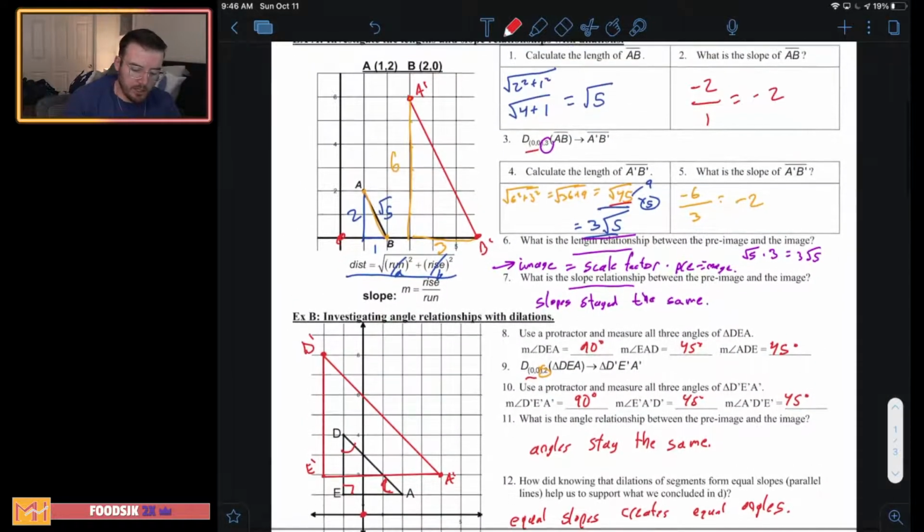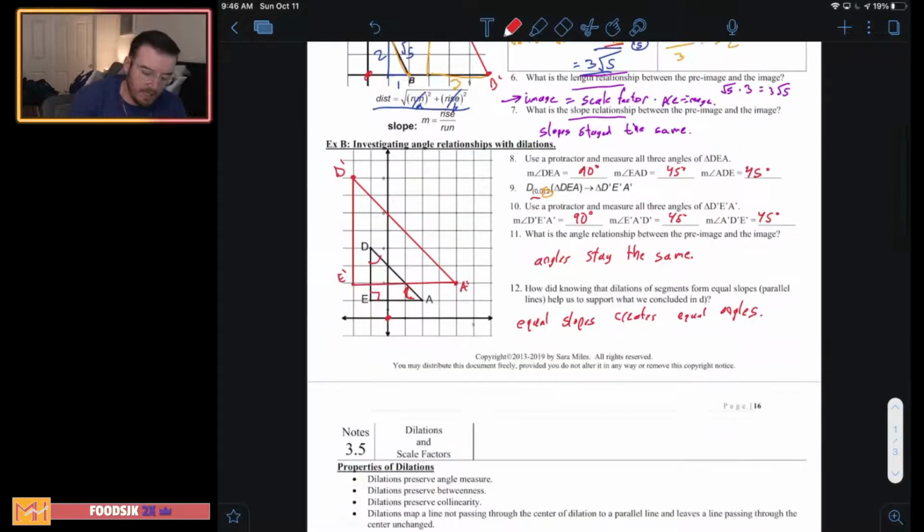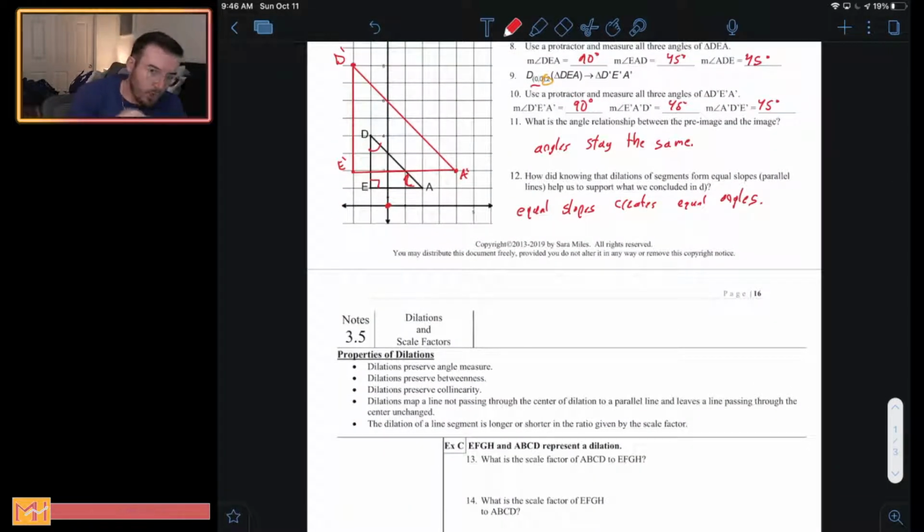So, in a nutshell here on this page, what should we know? Dilations change distance, they change size, but they don't change the shape. They don't change the overall integrity of the object. If you've got a triangle, you're going to have that quote unquote same triangle in the end. Not quite the same though, right? It's either going to be bigger or smaller.